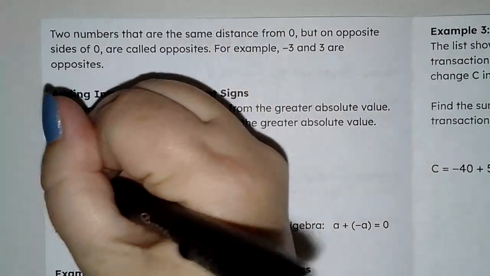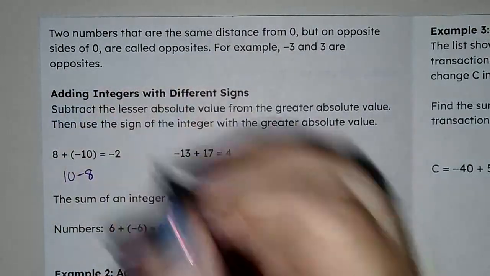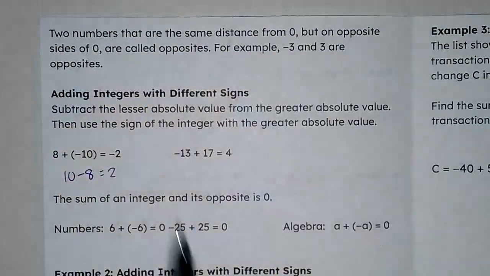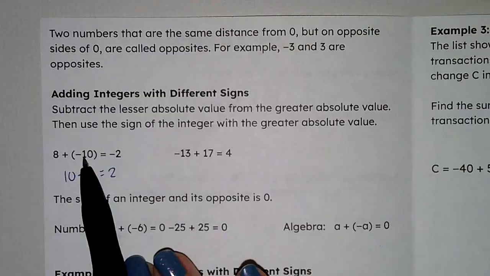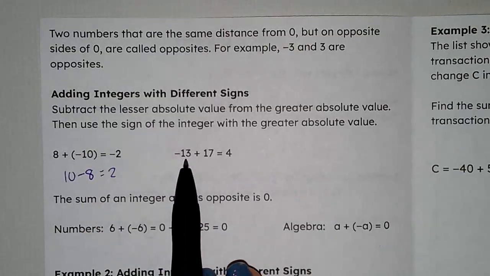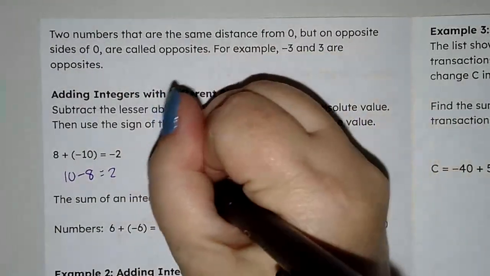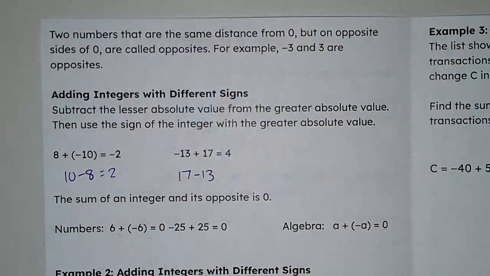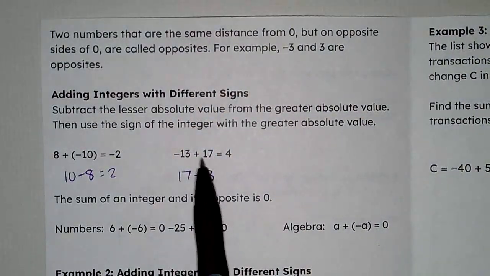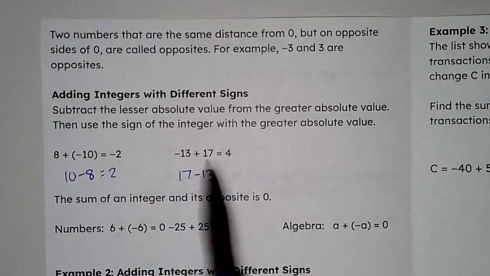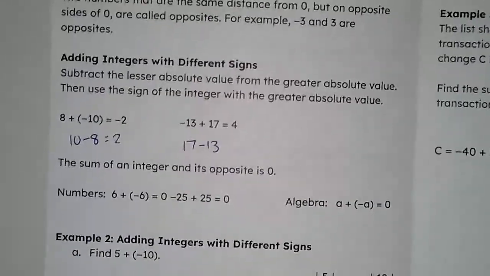So we're going to do 10 minus 8, which gives us 2. But then we're using the negative sign because the -10 had the greater absolute value. Okay, and same thing here. We're going to do 17 minus 13, and it gives us 4 because we're using the sign of the number with the greater absolute value.